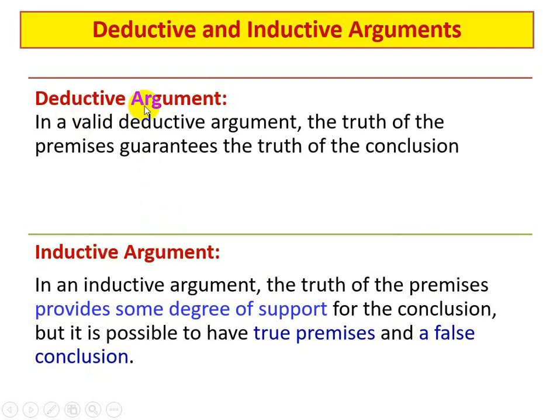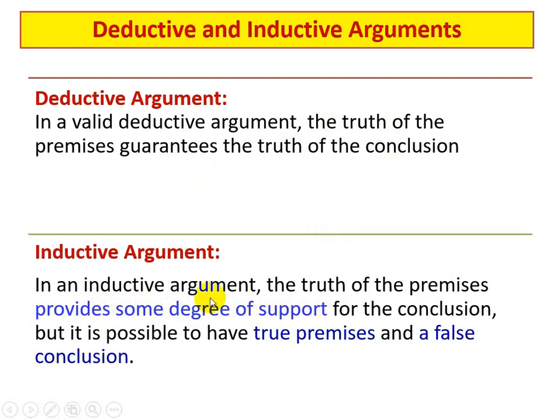In case of the deductive argument, if the argument is valid, then the truth of the premises guarantees the truth of the conclusion. That is what the validity of this argument means. But in case of the inductive argument, the truth of the premises provides some degree of support.